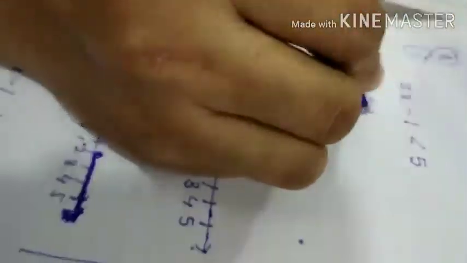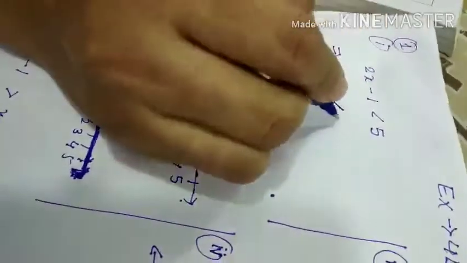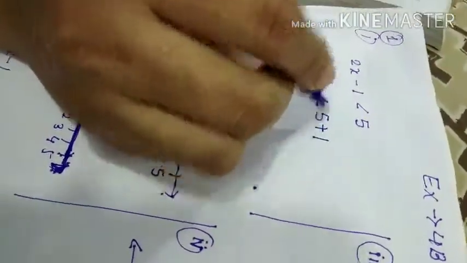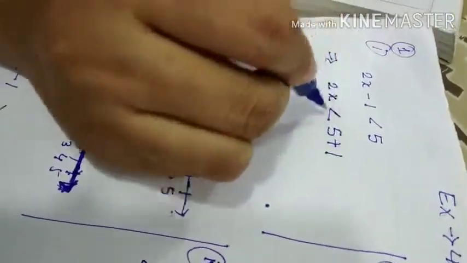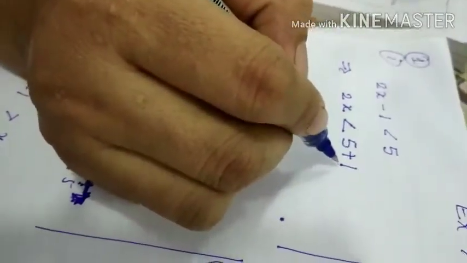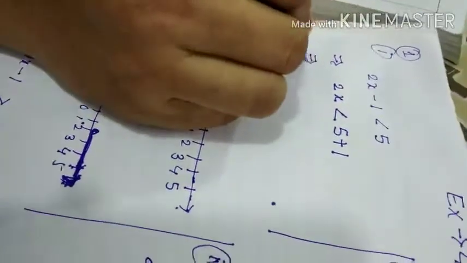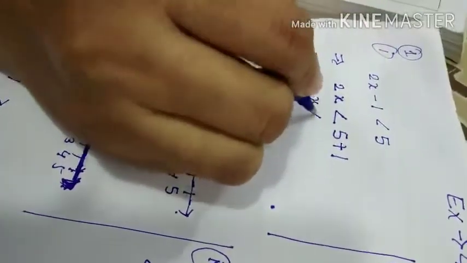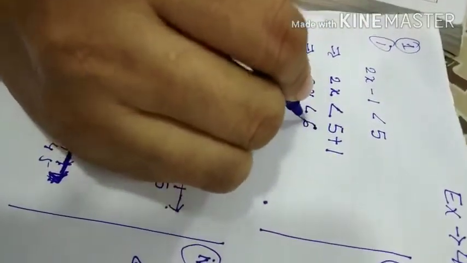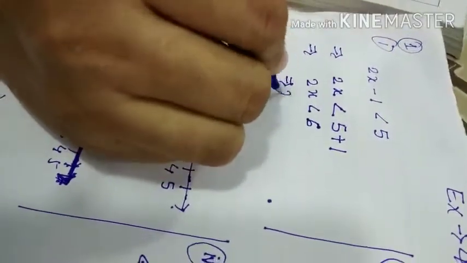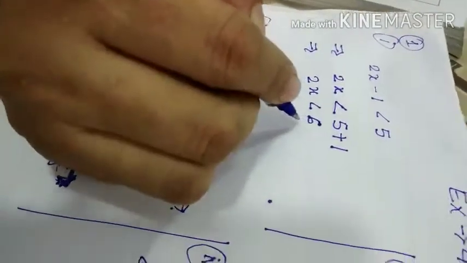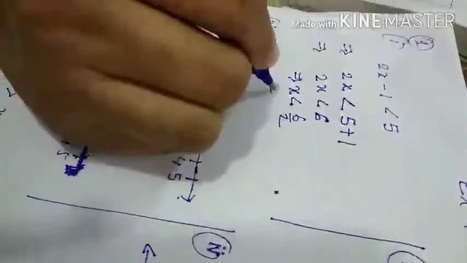So now we have 2x less than 5 plus 1. Since this is a negative number, when it goes to the other side it becomes plus 1 and the sign won't change, as we have not done anything to the equation. So 2x is less than 5 plus 1, which is 6, which implies x is less than 6 upon 2, which implies x is less than 3.